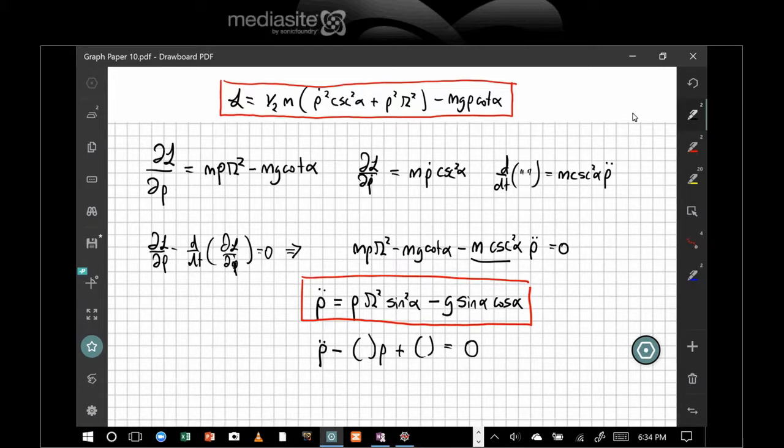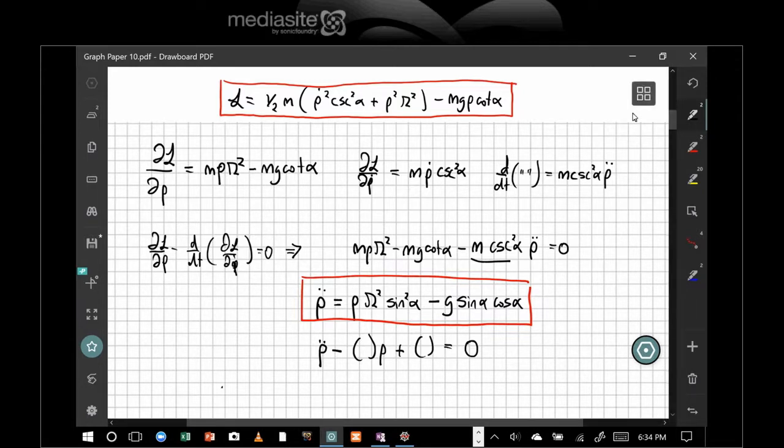Now, one thing we can do at this point is multiply mass times rho double dot, and this is going to give me m rho omega squared sine squared alpha minus mg sine alpha cosine alpha.